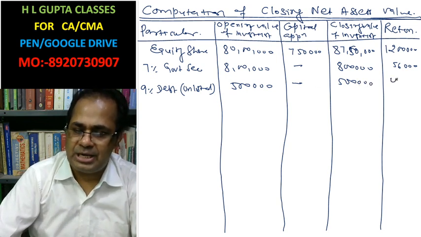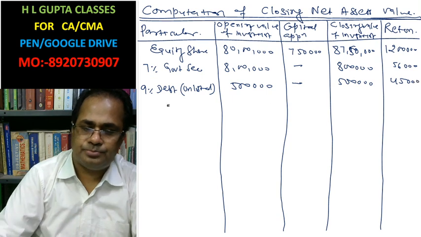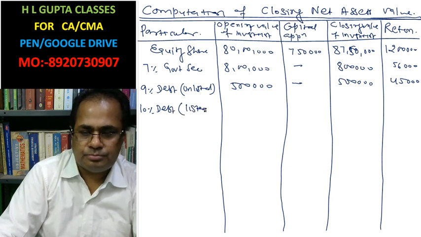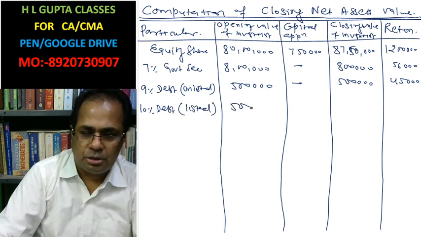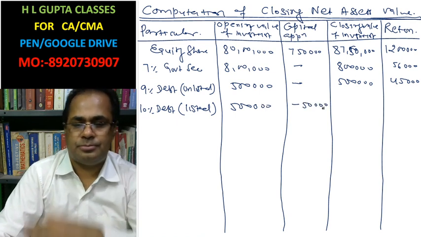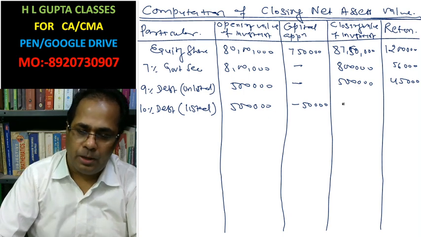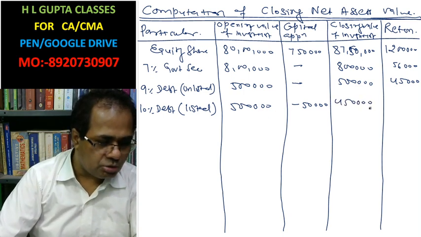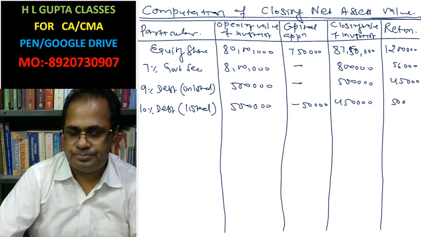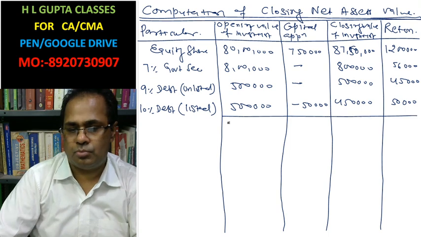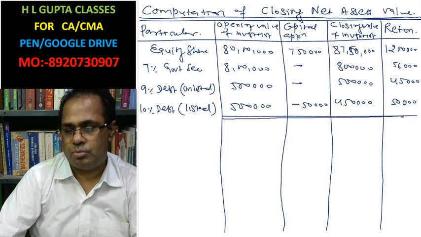The interest calculated is 45,000. 10% listed debt: this is also 5 lakh, but there is a capital depreciation of 50,000, so now it becomes 4 lakh 50,000. Interest on this is 50,000.